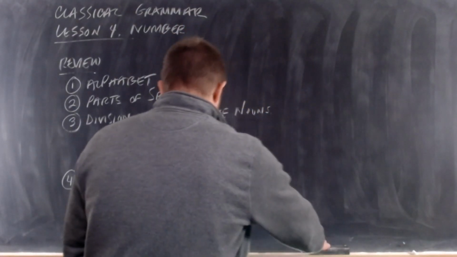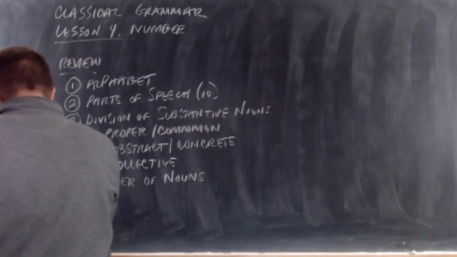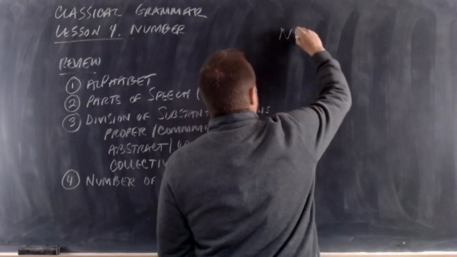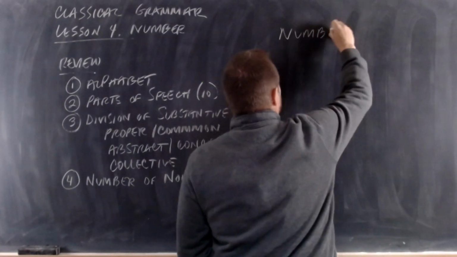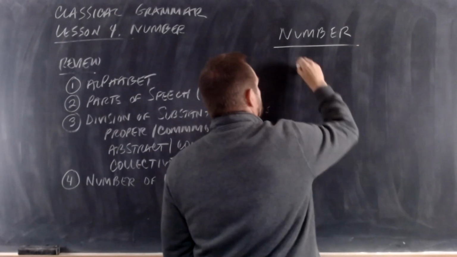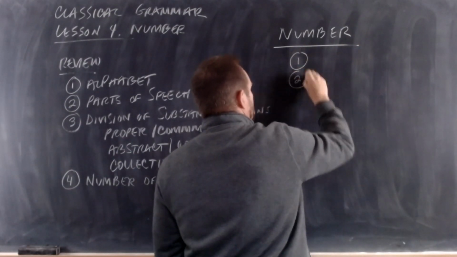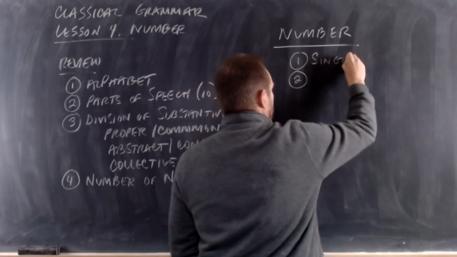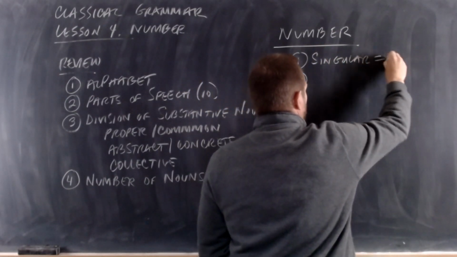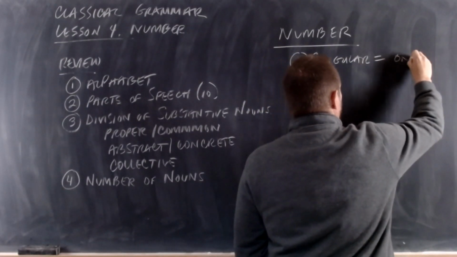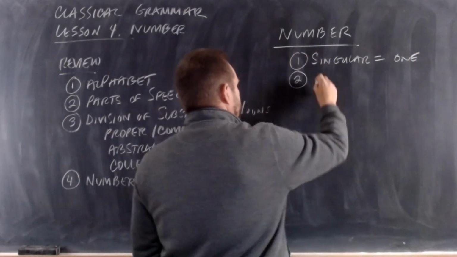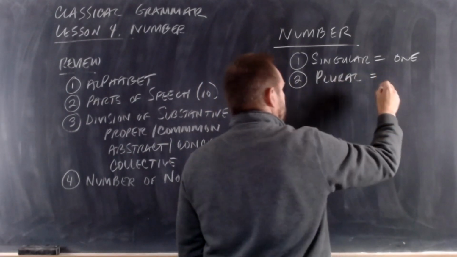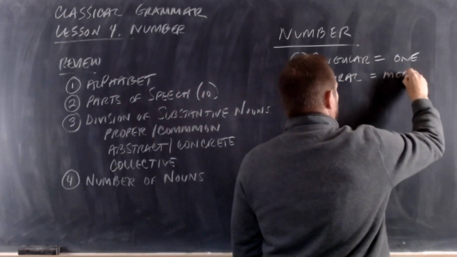When we talk about number in nouns, in English, we have only two different numbers that are expressed in nouns. We have the singular, which shows that we're speaking of one thing, and we have the plural, which shows that we're speaking of more than one.